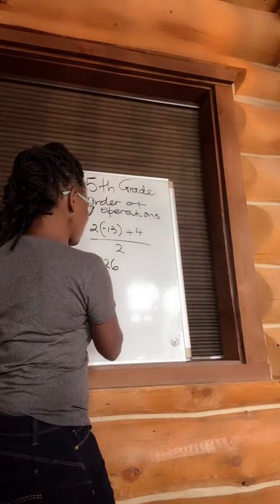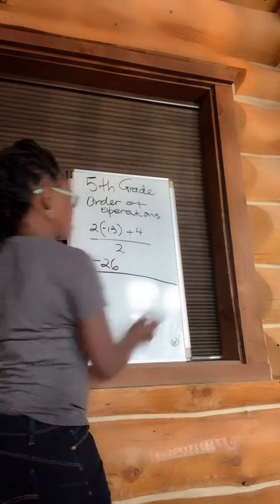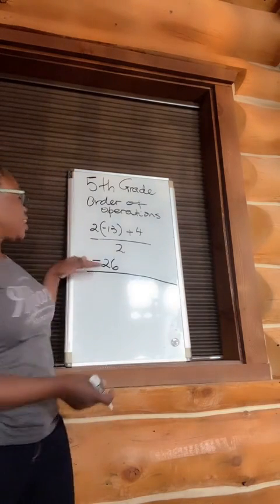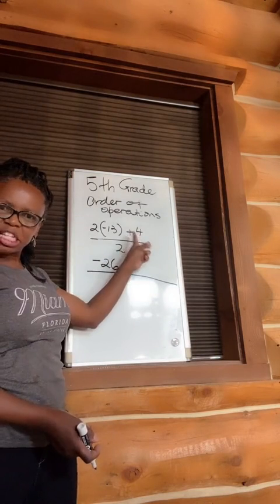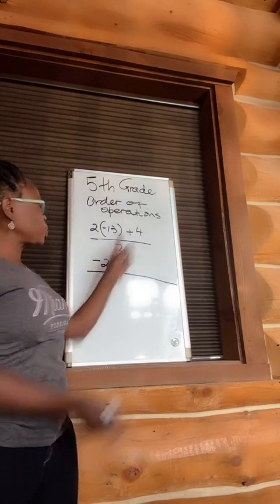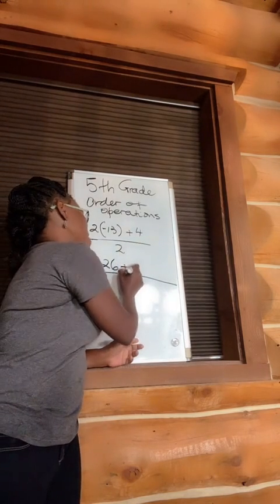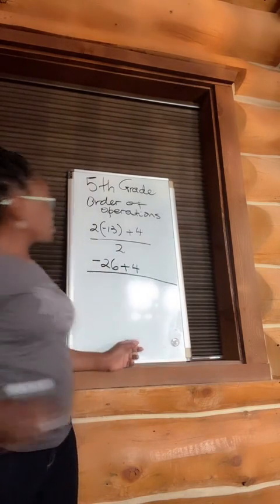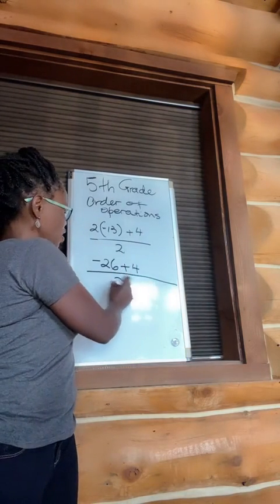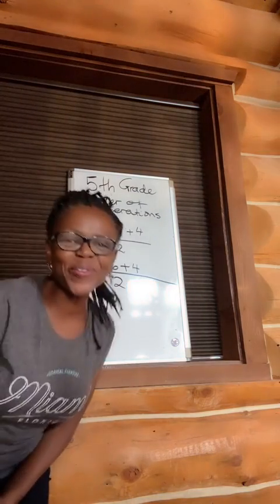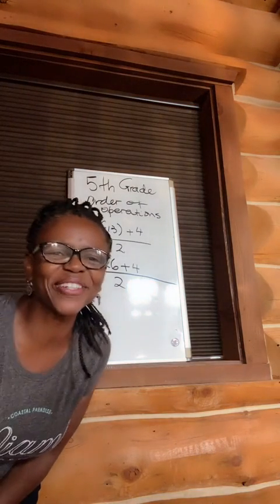Great. Minus 26. And now we have to finish. Let's finish with the level here. Minus 26 plus 4, that's what we have on top. Okay, let's not forget that. And 2 over here. I have a question for you.